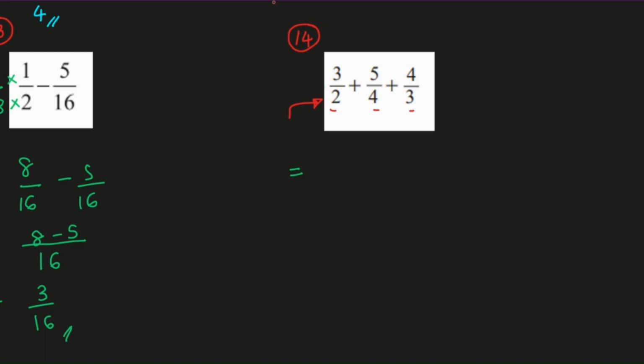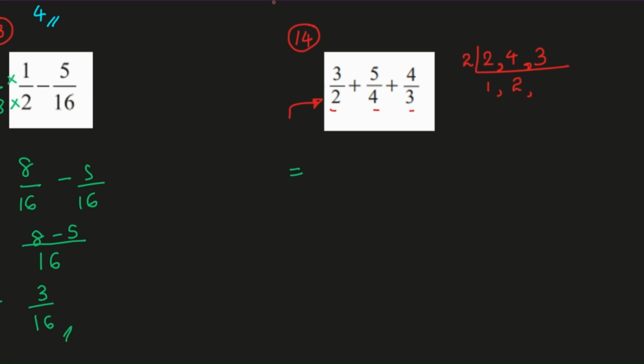If you cannot directly get the value, then you can find the LCM of 2, 4, 3. So the smallest prime number that you can divide these values by is 2. Then 2 divided by 2, 1. 4 divided by 2, it's 2.